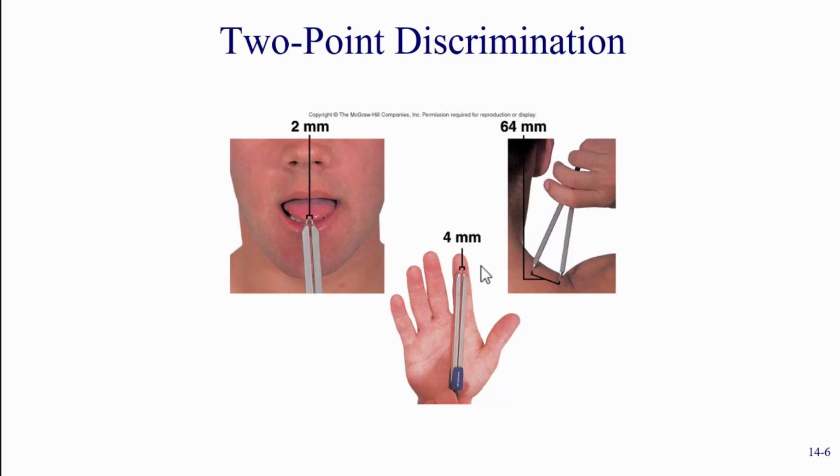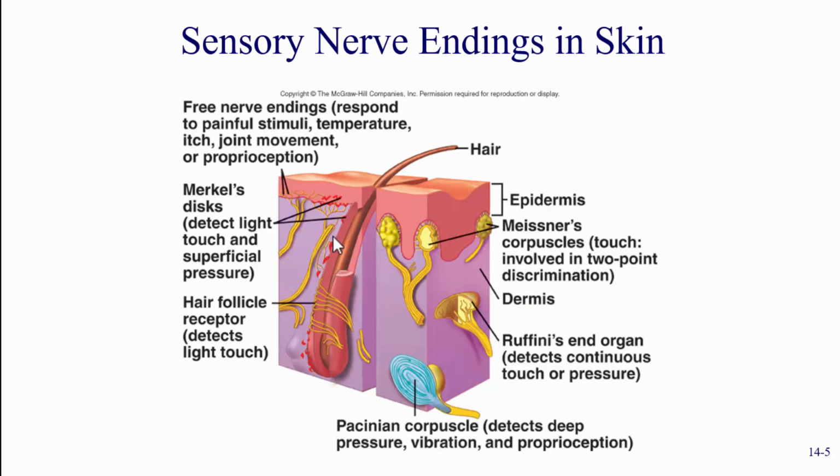So we're down to 4 millimeters where it finally feels like you're touching it with just one thing, and the tongue even more so. We're down to 2 millimeters. Okay, so that's Meissner's corpuscles for two-point discrimination.